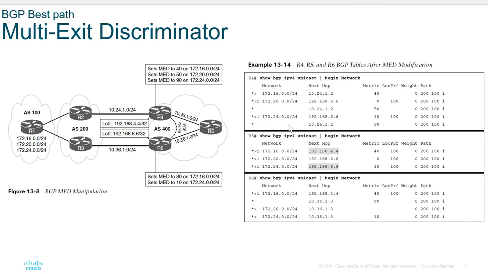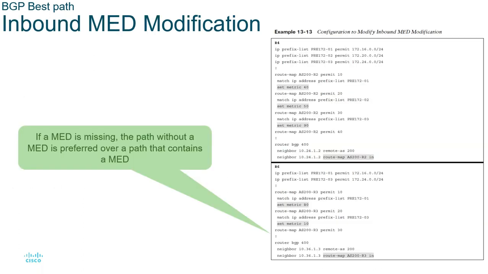Okay, so compare pula untuk 24 between 10 and 90. So 10 will be the winner lah. So something that we need to remember adalah when we have MED set, dan ada certain network yang kita tak set the MED, dia punya default behavior adalah if a MED is missing, the path without a MED is preferred over a path that contains a MED.